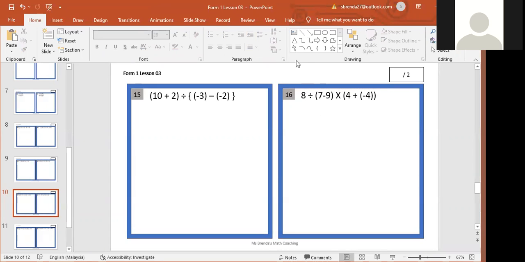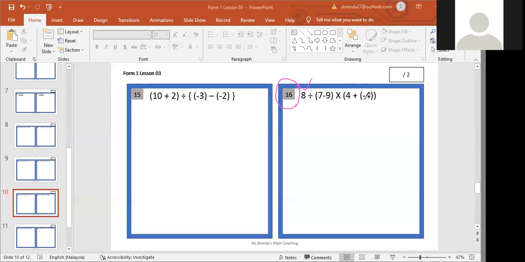Okay. Now, first of all, learn to identify which one we must do first. So I'm doing question 16. You have 8 divided by 7 minus 9, which is in a bracket, multiplied by a bracket in which 4 plus negative 4. Okay, all right, can be done.